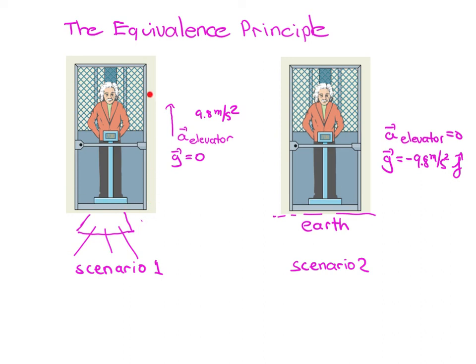If the elevator was sealed and Al had no way of looking out the window, he could not tell whether the reading on the scale was due to the fact that the elevator was accelerating or whether there was gravity. And that is what is meant by the equivalence principle. It means you can't distinguish being in an accelerated reference frame from another situation in which the reference frame is not accelerating, but in which there is a gravitational acceleration.